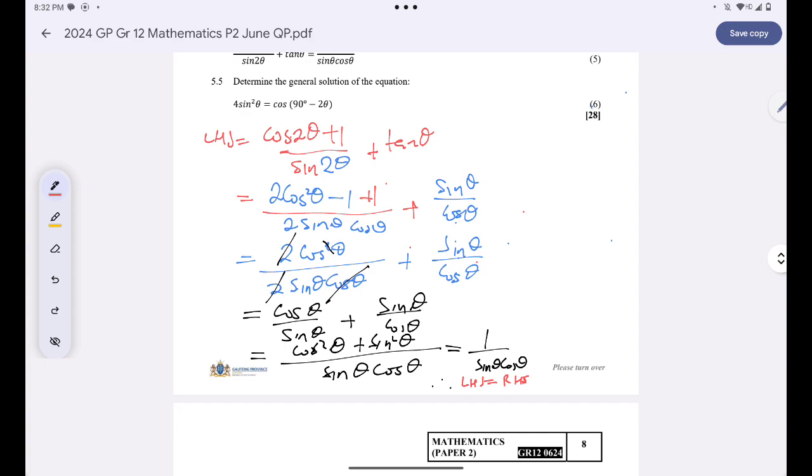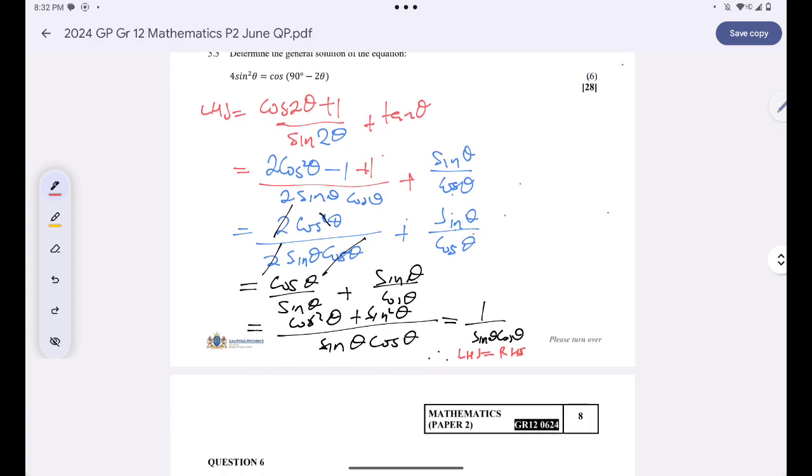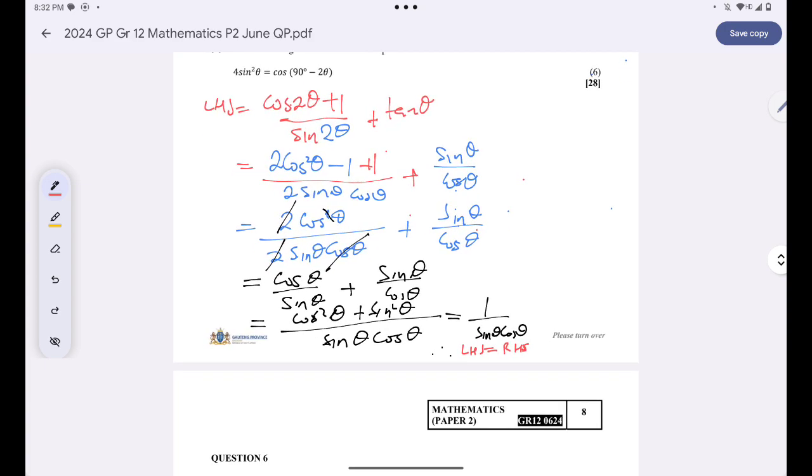However, I expanded the double angles for both cos and sine, and then I simplified until each fraction was simplified, and then I added the fractions, and then cos squared plus sine squared is equal to 1, and then I've proven my identity there.